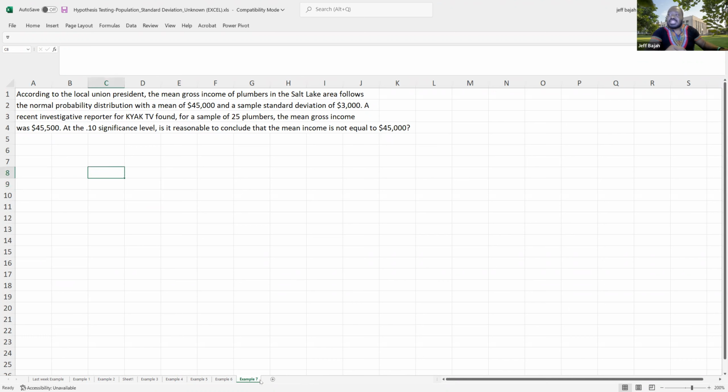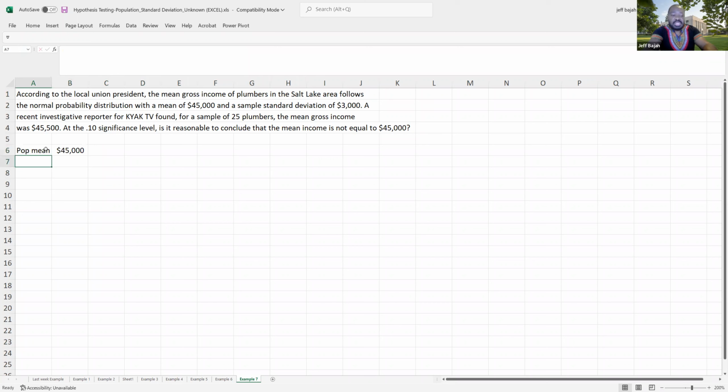This is example 7. It says that according to the local union president, the mean gross income of plumbers in the Salt Lake area follows a normal distribution. It has a mean of 45,000 and a sample standard deviation, right? So that tells us clearly that we're going to use a t-test. We're told that the population mean is 45,000.